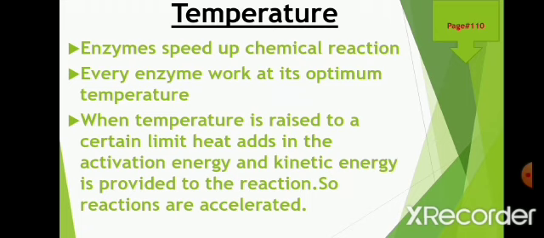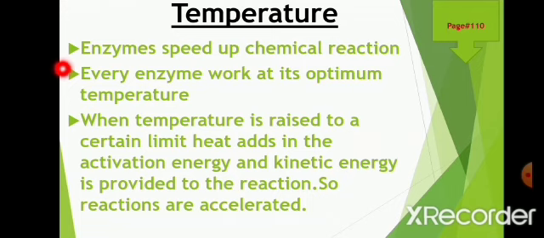As we have discussed earlier, enzymes are proteins which speed up the chemical reaction. Every enzyme works at its optimum temperature. Optimum temperature is the temperature at which the enzyme works at its maximum rate.